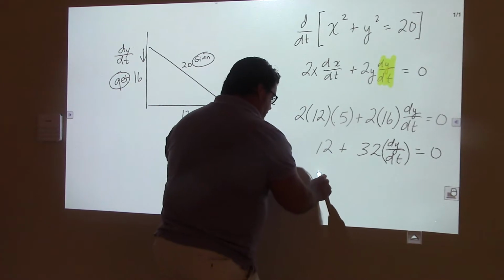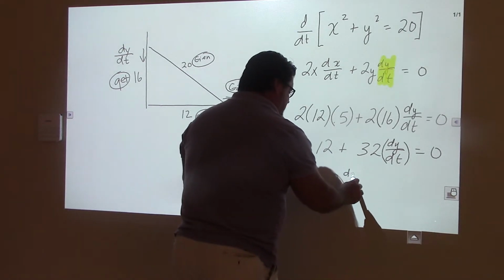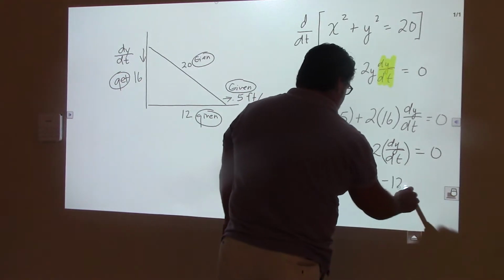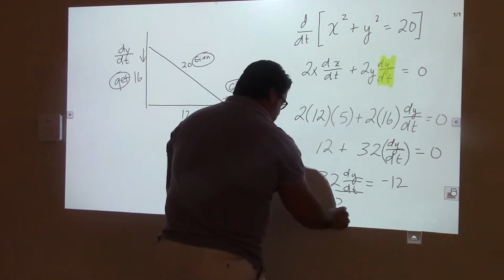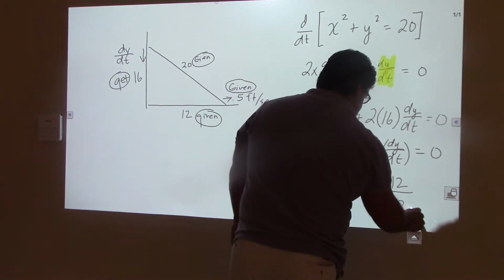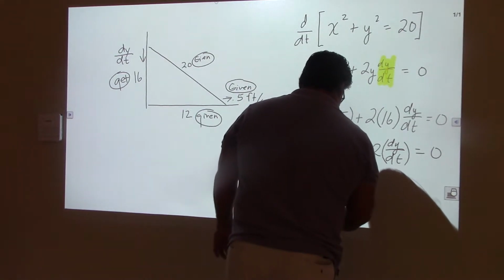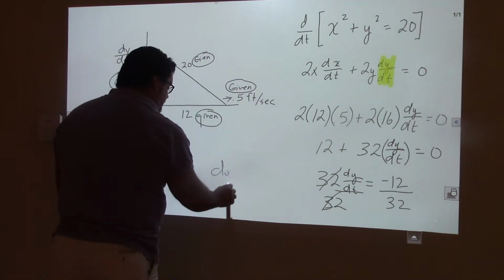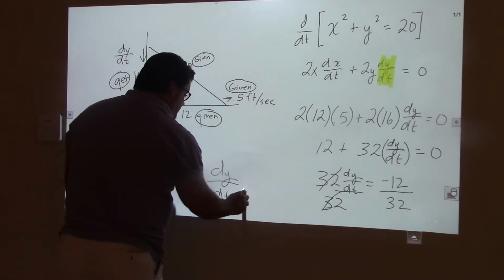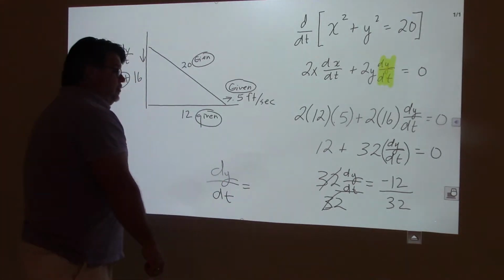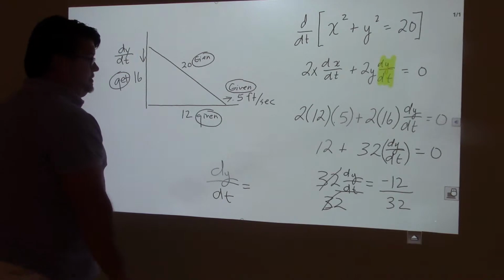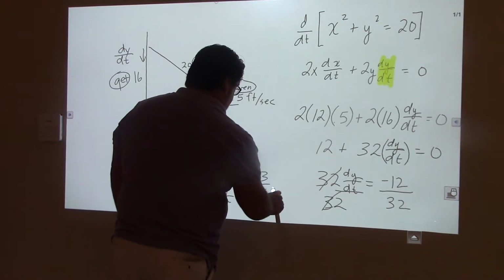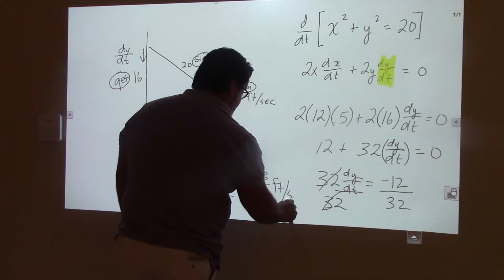You get 32 dy/dt is equal to negative 12, divided by 32, and dy/dt is equal to what, 3/8 feet per second.